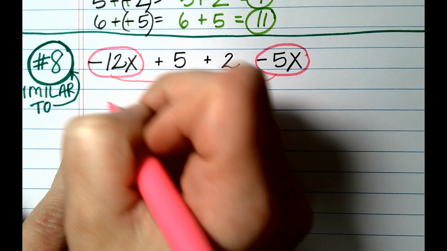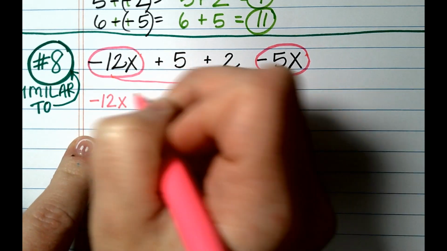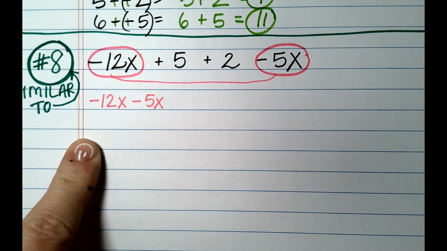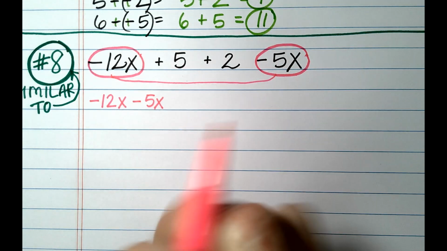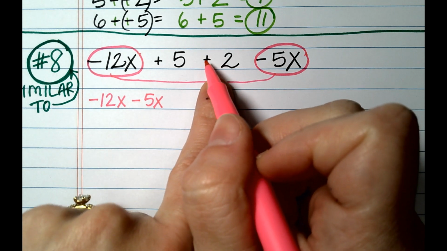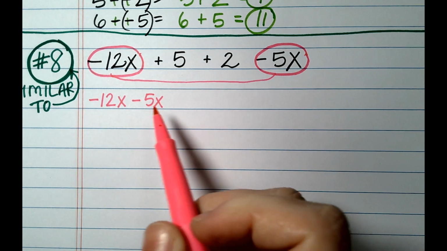I can either think of this as negative 12x minus 5x, or if you want, remember how I told you in the past a plus sign is just like and. It's just like saying I have negative 12x and negative 5x.